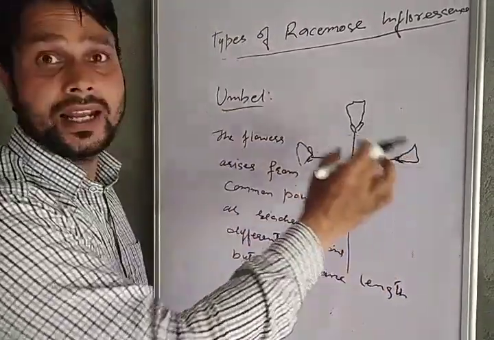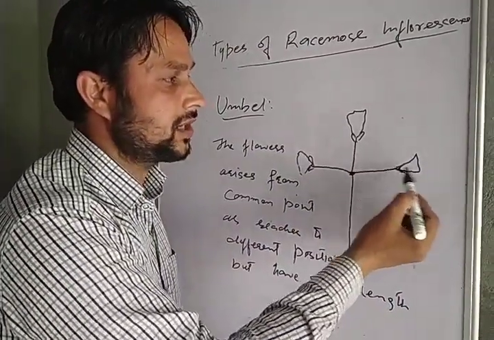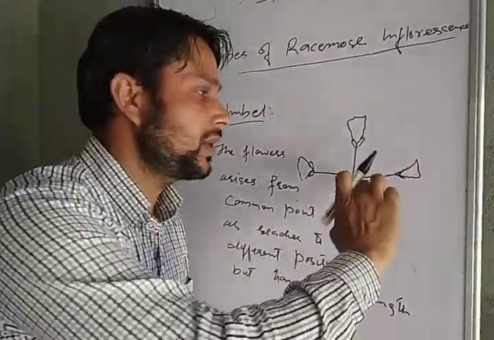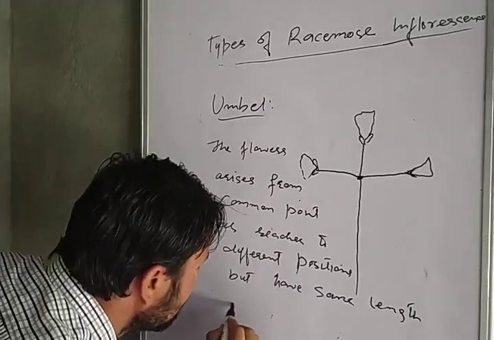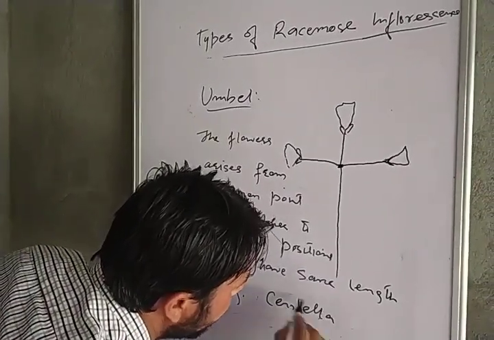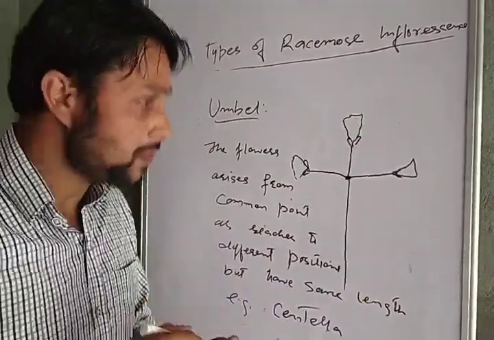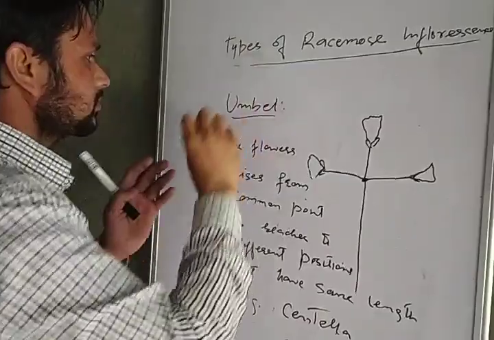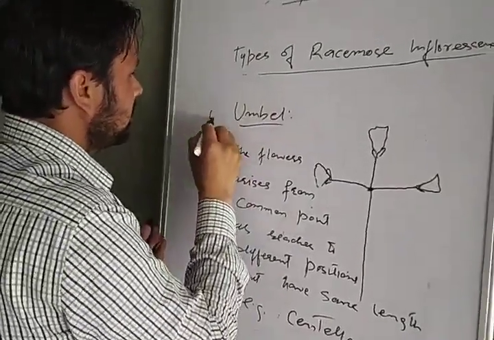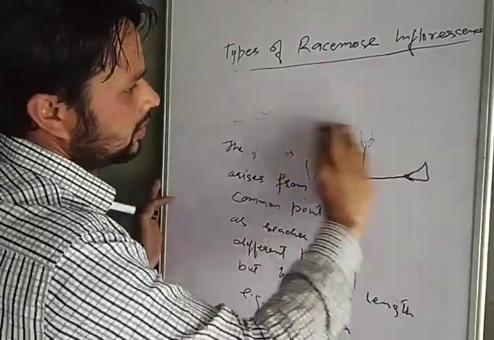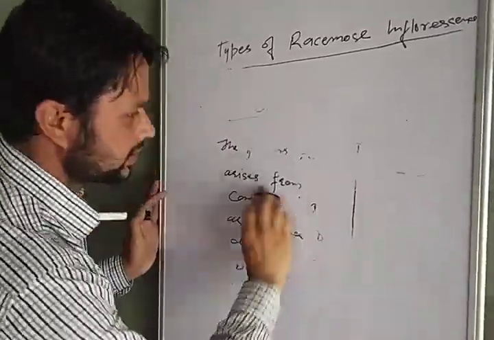That means the pedicellate flowers arising from the common point have the same length. Okay. So the example is centella. This is the example of umbel type of inflorescence. This was about umbel inflorescence. Now this was the sixth one, and we will move to the seventh one.